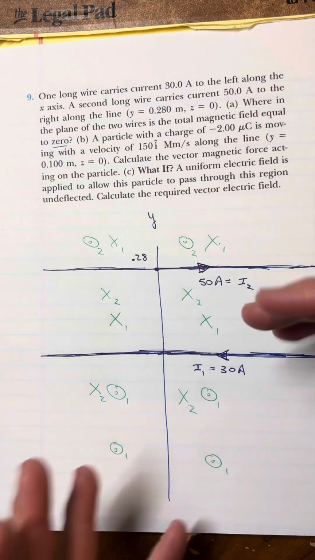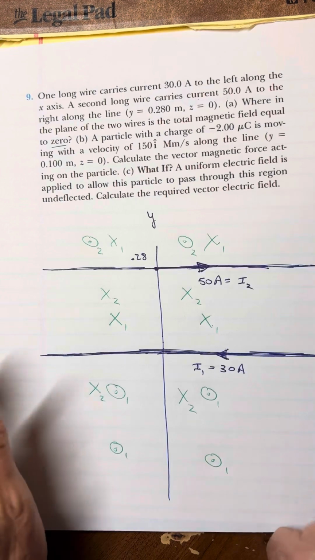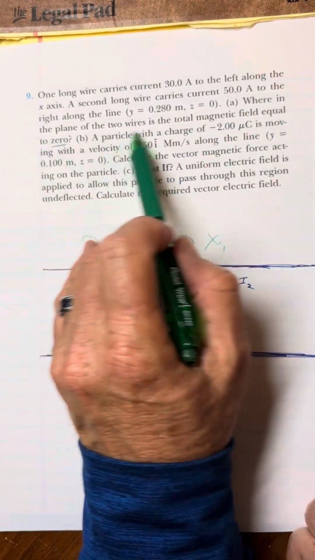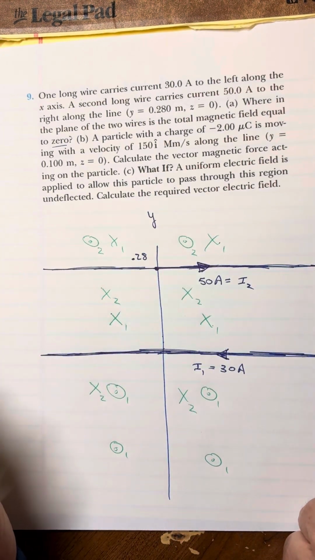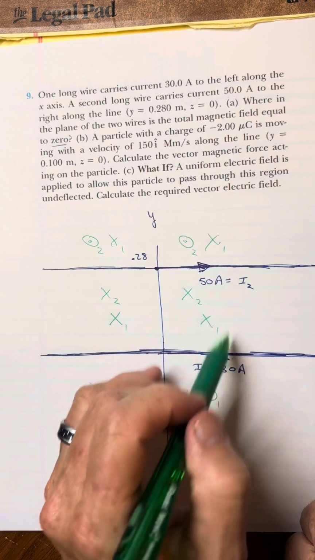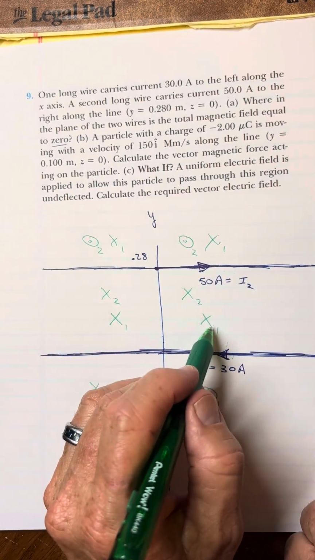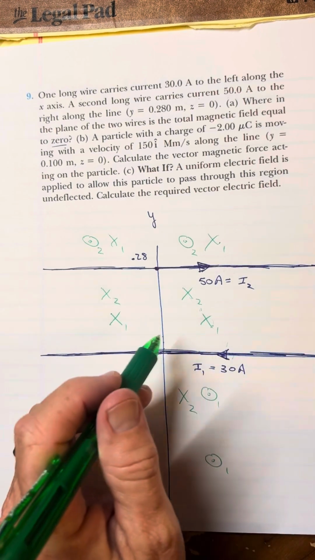Of course, then for the total field, we've got to combine the two fields together, because the question asks where in the plane the magnetic field is equal to 0. As you can see, between the two wires, the magnetic field is in the same direction for both wires.